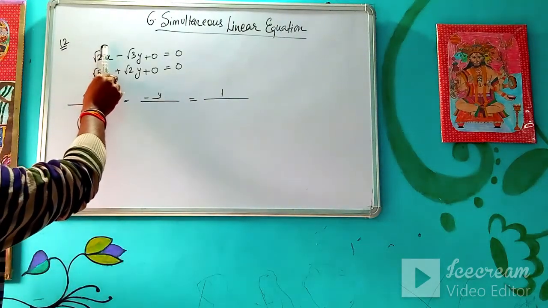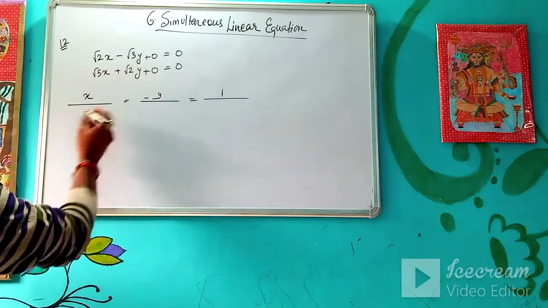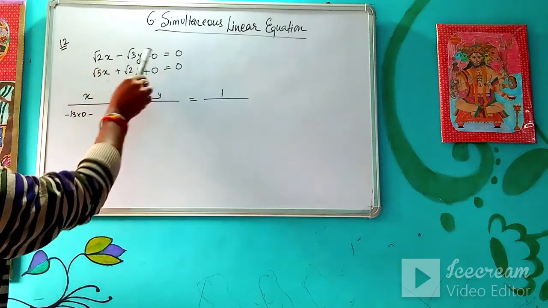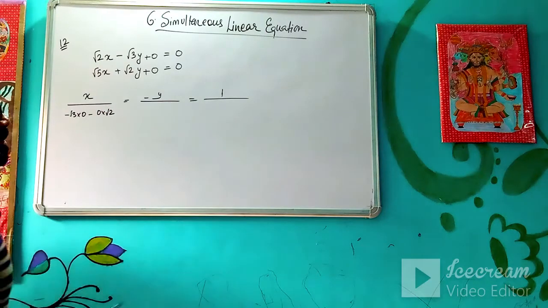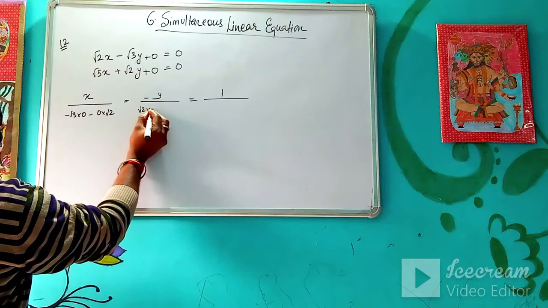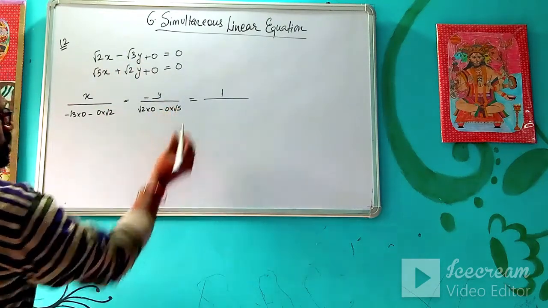Okay. Then if we hide this x, what you will get? Minus root 3 into 0 minus 0 into root 2. Then if I hide this y, I will get root 2 into 0 minus 0 into root 5.